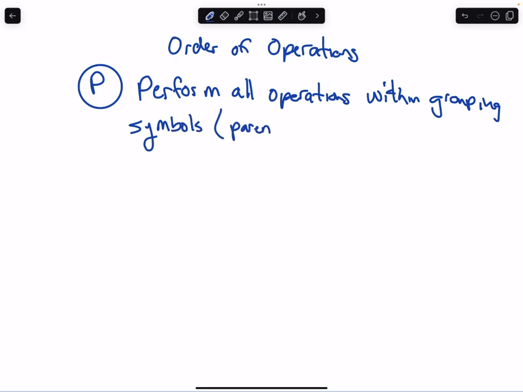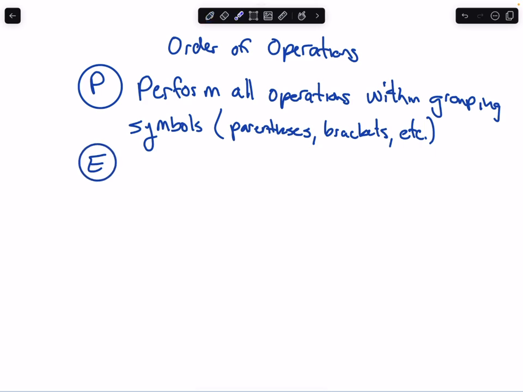That's parentheses, brackets, etc. Then you want to deal with the E, or the exponential expression. So we evaluate all exponential expressions.